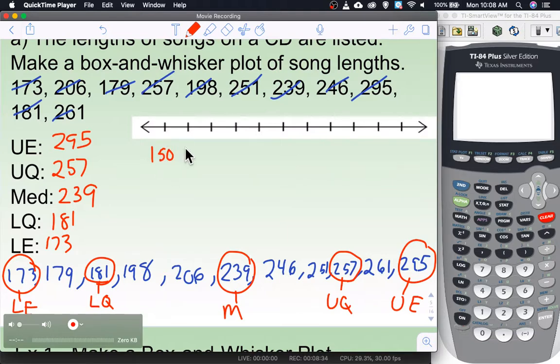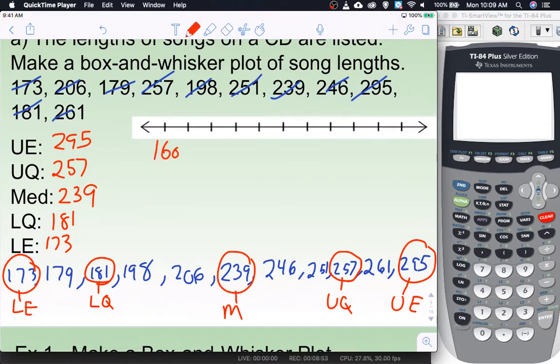20s? 150, 170, 190, 210, 230, 250, 270, 290, 310. That makes it a little bit bigger. How about I start at 160 instead of 150 and then count by 20s. So 160, 180, 200, 220, 240, 260, 280, 300, 320, 340.